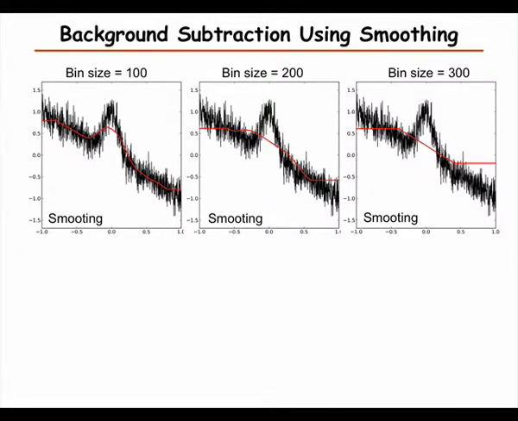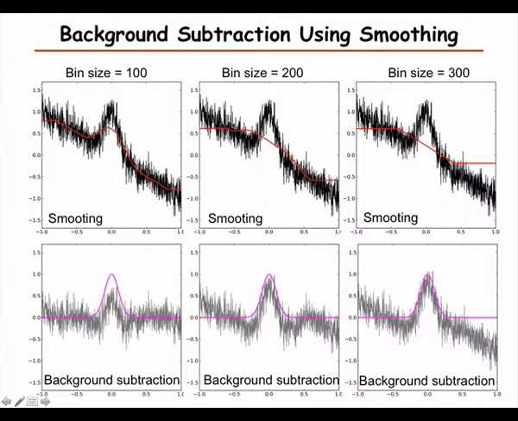But what we can do is, again, by using different smoothing, and over-smoothing this, we can find something that will keep the peak but define the background. So in this case, maybe with a bin size of 200 we can follow the background underneath the peak.